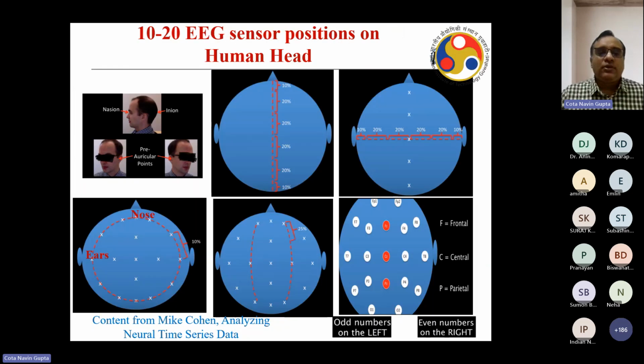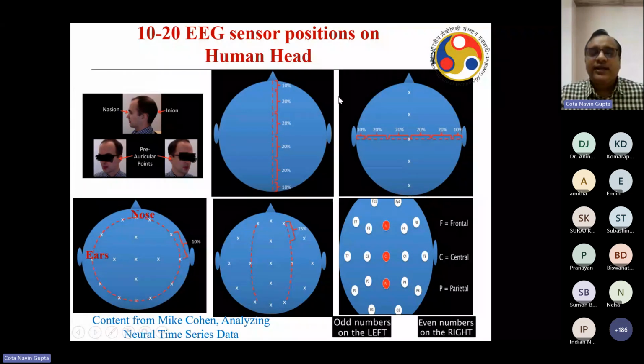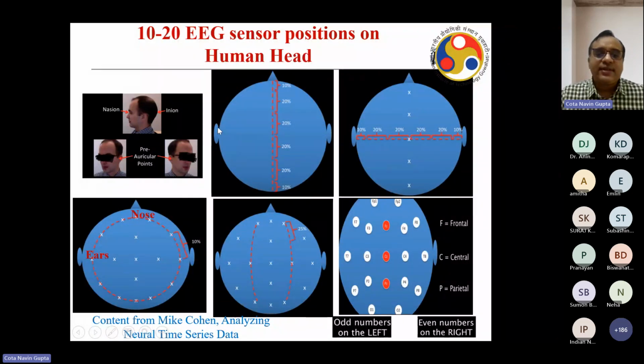Usually the sensors or electrodes are placed across the head. Let's say this is the head of a person, these are the ears, and this is the nose. You first measure the distance between the nasion and inion, and then you distribute your electrodes, placing the first electrode at 10%, and after that you traverse 20% of the distance to place the next electrode.